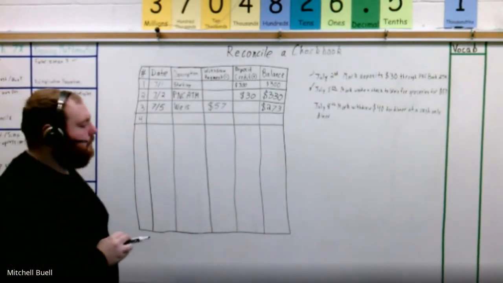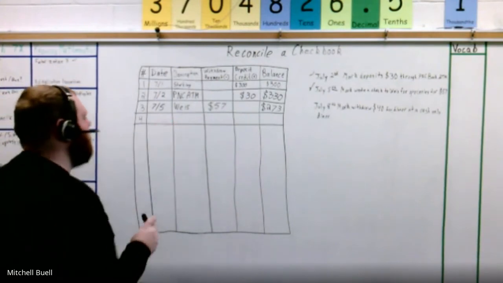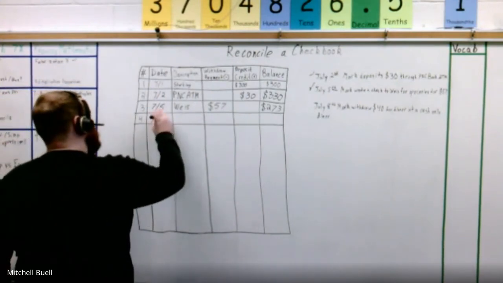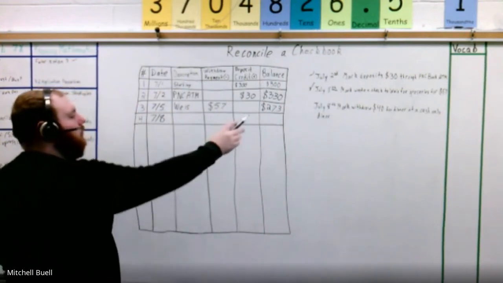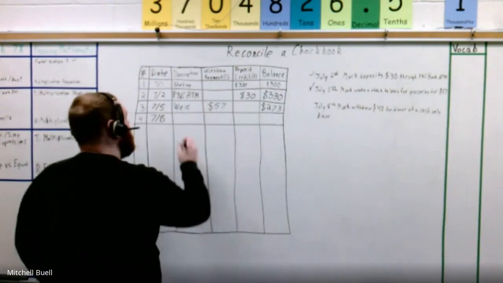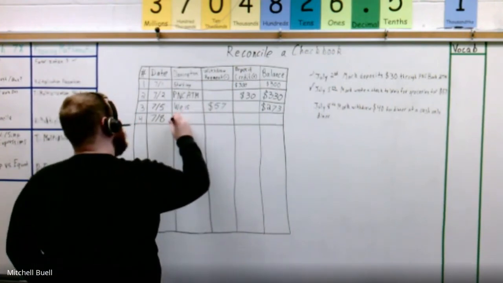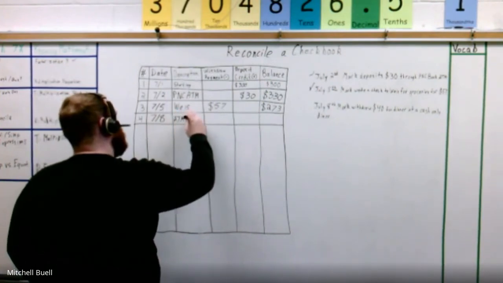So now we are going to look at the last one, which is on July 8th. I'm going to put 7/8. And I'm going to write down Mark withdrew $40 for dinner. So I'm going to write ATM, parentheses, dinner.